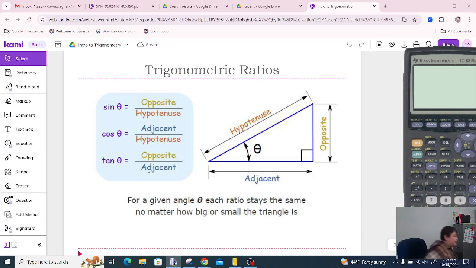Because it's a right triangle, theta's ratio ends up staying the same no matter how they word it.